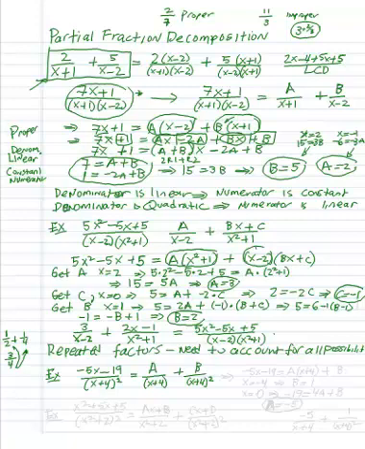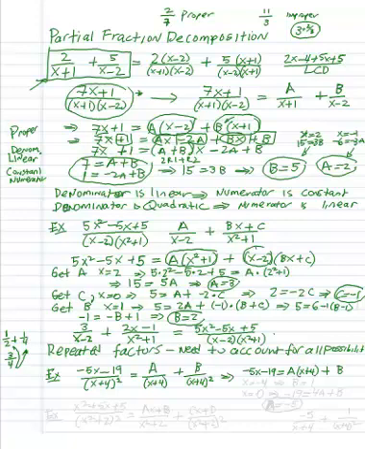And now clearing out our fractions, multiplying through by the LCD, on the left-hand side we'd have negative 5x minus 19. And on the right-hand side, I have an A, and then an x plus 4. And then the second term, I just have a B, and it went away.